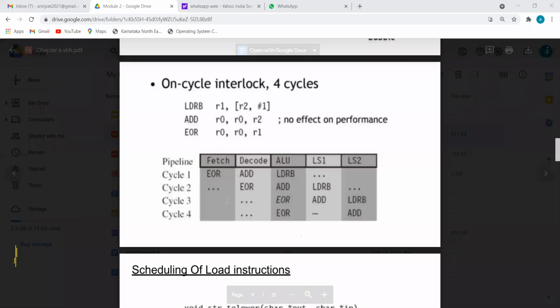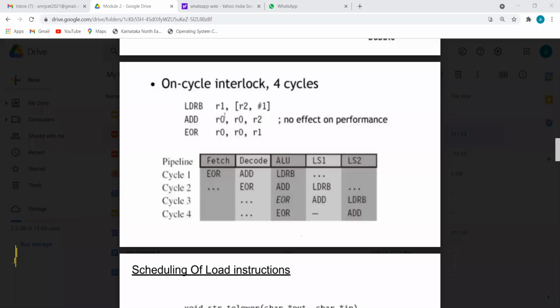But the result of add, which was executed in cycle 2, comes out at the end of LS1. Because ultimately the result of the addition of R0 and R2 should be stored in R0. My question is, are you only performing R0 plus R2, or are you performing R0 plus R2 and also storing it in R0?